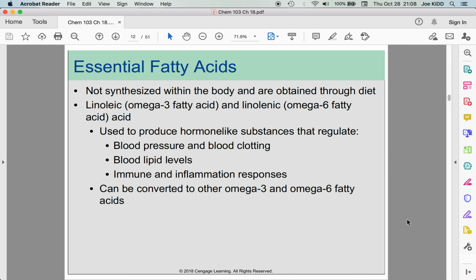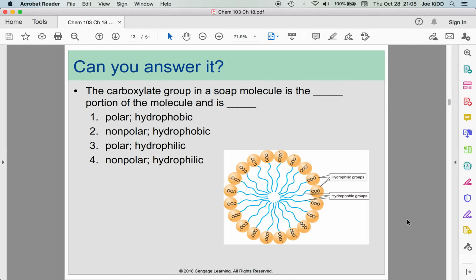They are used to produce quasi-hormone-like substances that help regulate things like blood pressure, clotting, immune response, and inflammation. So clearly it is very important that we are able to obtain these fatty acids. It is possible to convert omega-3 into omega-6 and vice versa. There are enzymes in our bodies that are able to do that.